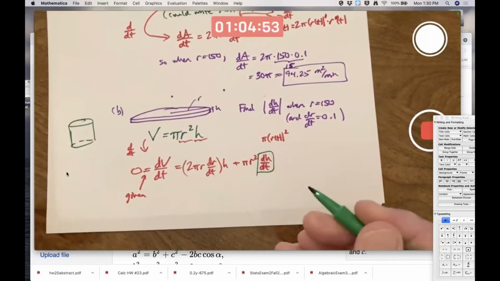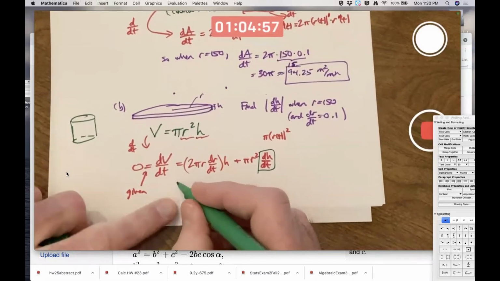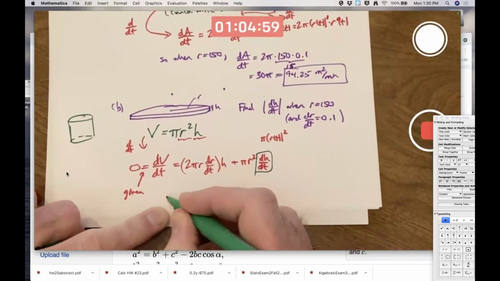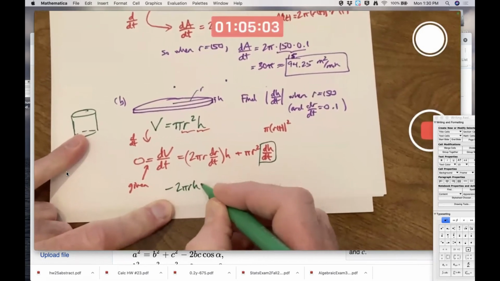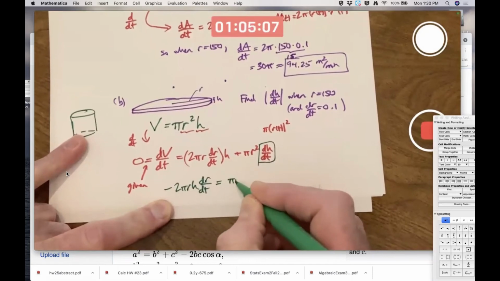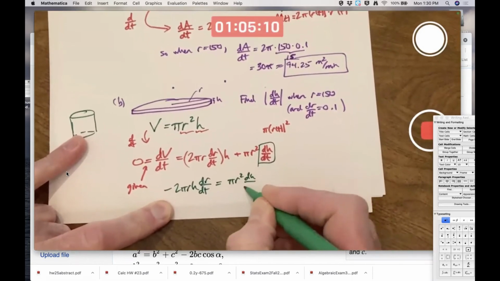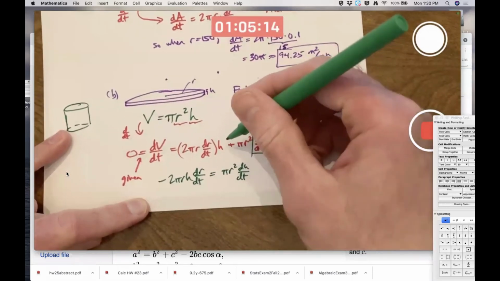It's an algebra equation now. Just subtract this thing from both sides. I'd get negative 2 pi r h dr/dt equals pi r squared dh/dt after subtracting this from both sides.